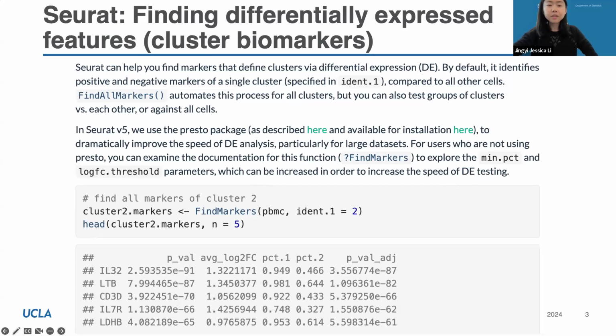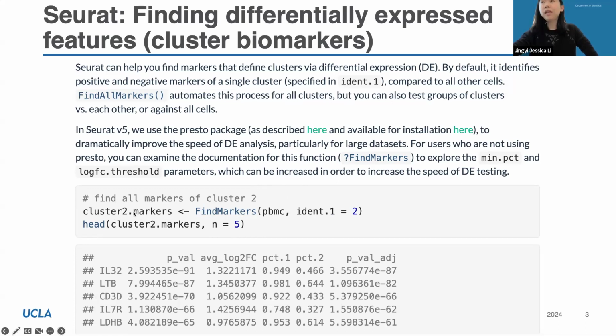Okay, so let's skip this second part because it's about the fast version, the package used for speeding up. And basically, once you run FindMarkers, you will get the output called cluster2.markers because you specify ident.1 as 2. So you are interested in cluster 2.